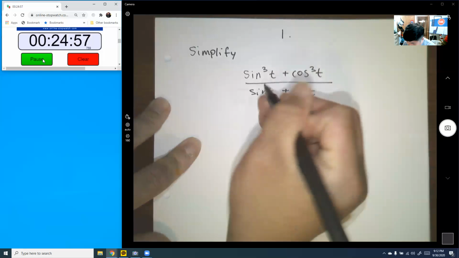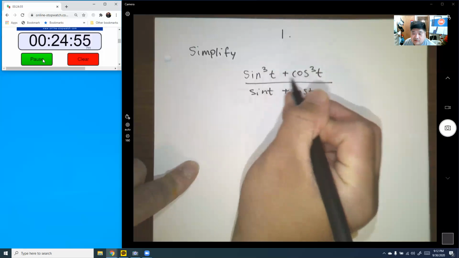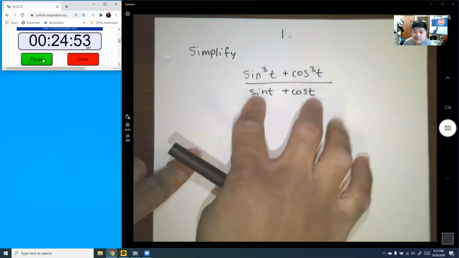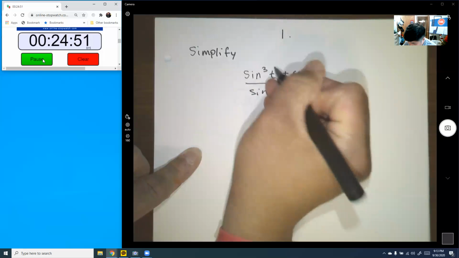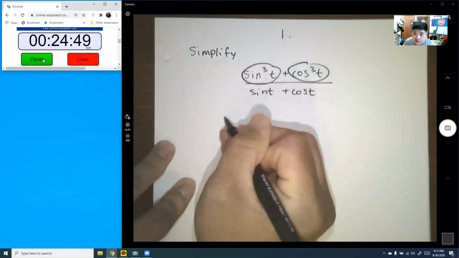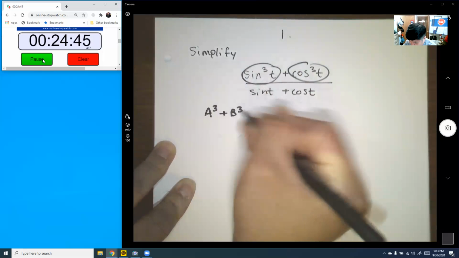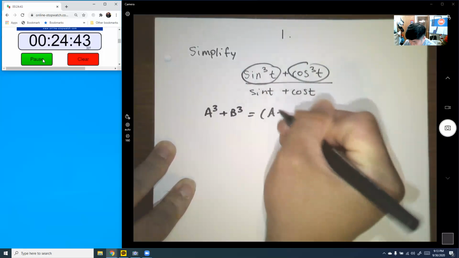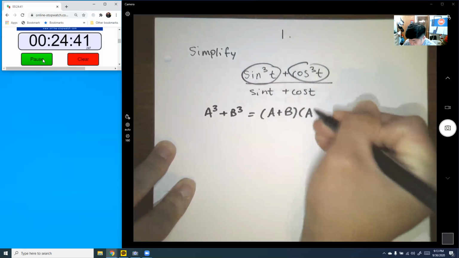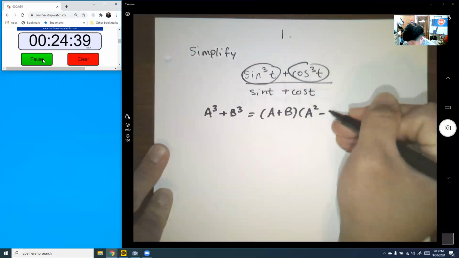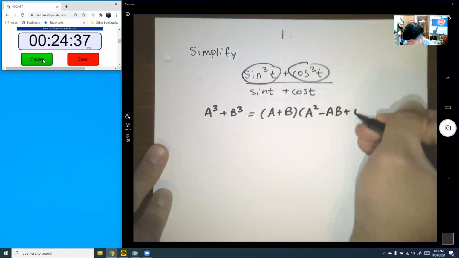The first one is simplify sine cubed t plus cosine cubed t all over the sine of t plus cosine of t. Here I see this is a sum of two perfect cubes. So we have a cubed plus b cubed equal to a plus b times a squared minus ab plus b squared.